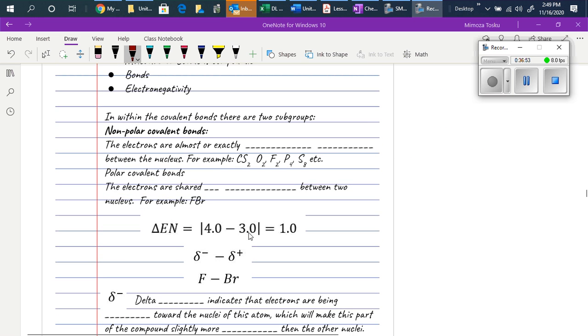Now, in the non-polar covalent bond, electrons are almost or exactly equally shared.